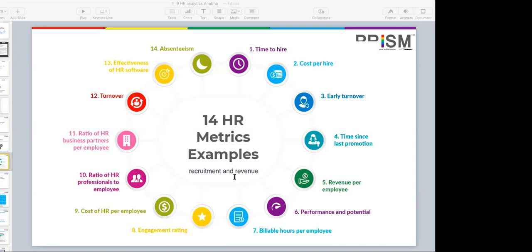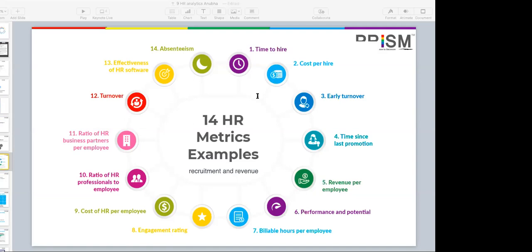And then we also have the effectiveness of HR software. Now, this is a more complex metric. The effectiveness of, for instance, learning and development software is measured in the number of active users on average on the platform.